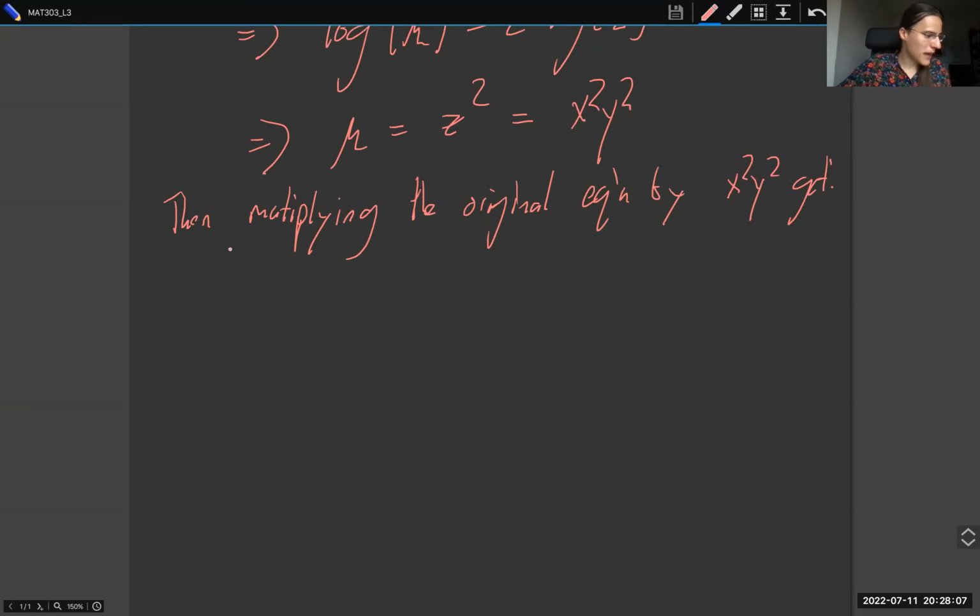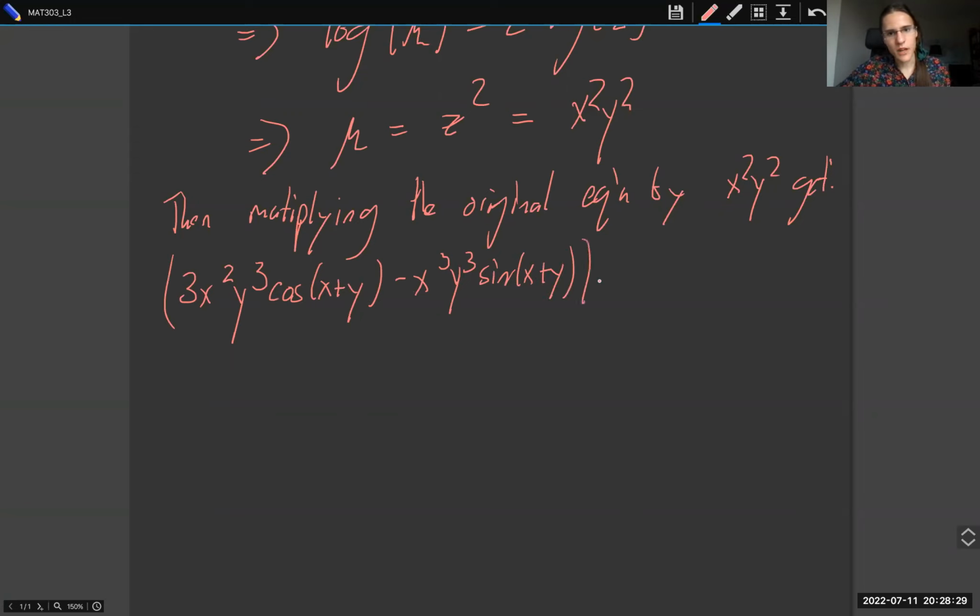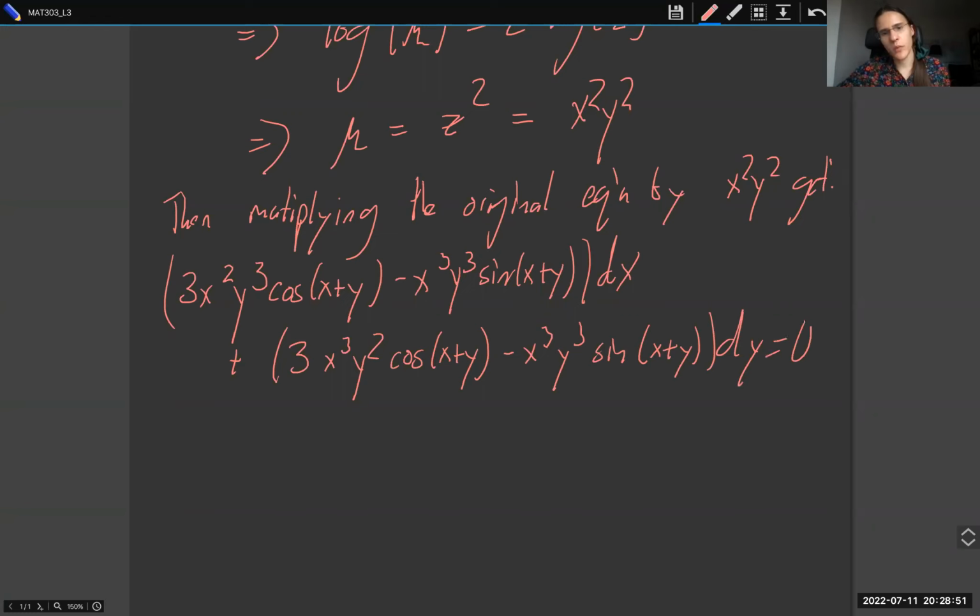So we take this equation, we multiply it by x squared y squared, and get the equation 3x squared y cubed cos(x plus y) minus x cubed y cubed sin(x plus y) dx plus 3x cubed y squared cos(x plus y) minus x cubed y cubed sin(x plus y) dy equals 0, which is exact.